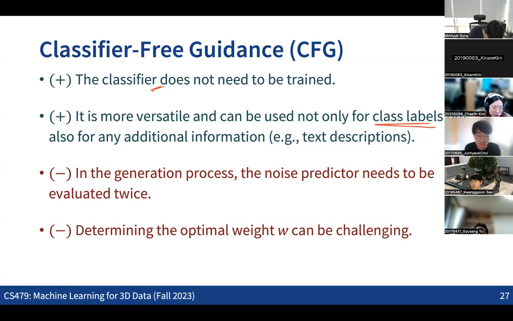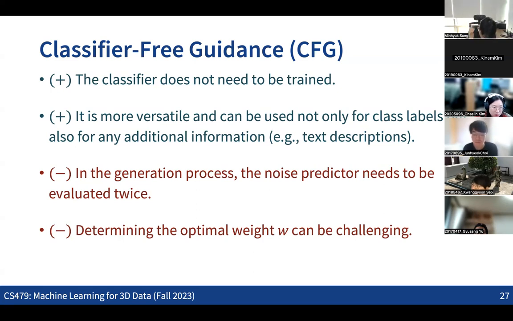The downside is that in the reverse process, you need to run the forward propagation of the noise predictor twice, because you need to get the noise of the conditional case and the noise of the unconditional case. So the reverse process will take more time, since you are evaluating the neural network twice, right?